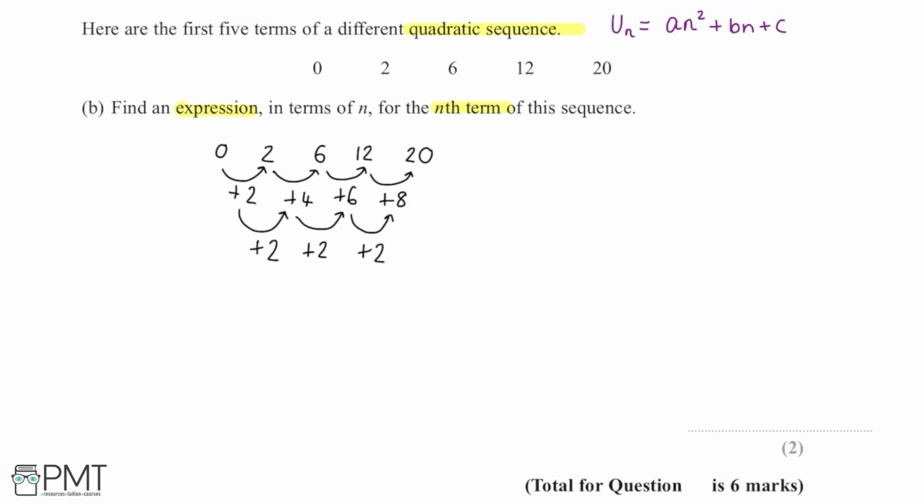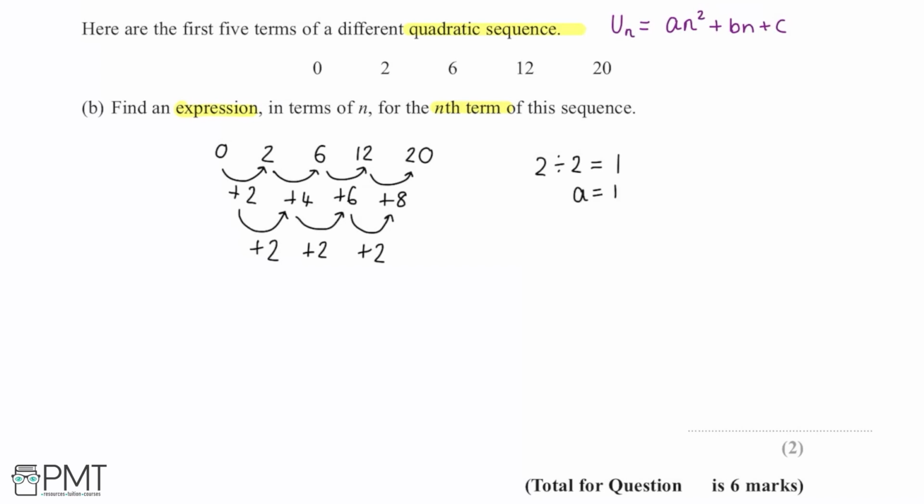So we now have a constant difference. We can use this to find the value for a, and what we do is take the second difference and divide it by 2. So 2 divided by 2 is equal to 1, so a is equal to 1 in this instance.